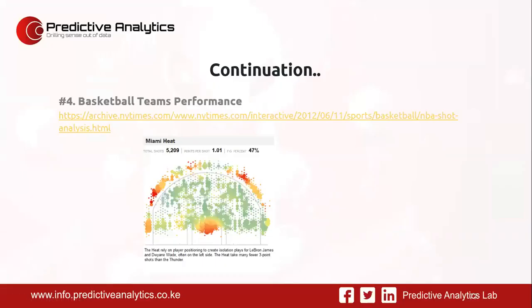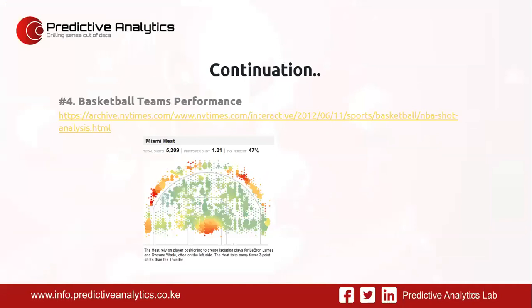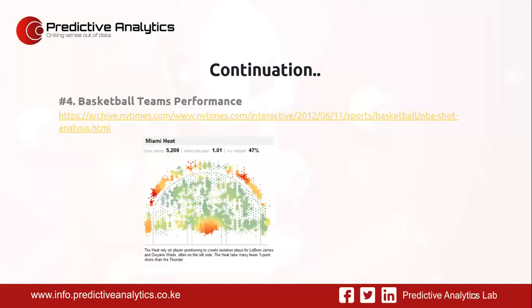So we have our visualization. I hope you've clicked on basketball team's performance. Let's look at the visual encoding variables that have been used. X and Y is the basketball court map. Here you can see the arc. Then we have color as points per region; you can hover and see.